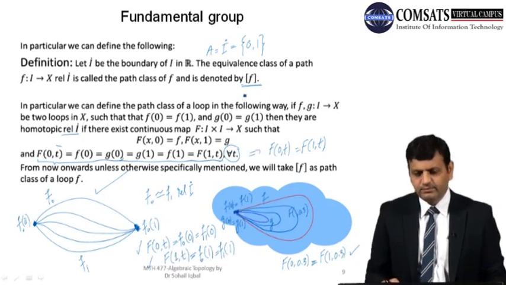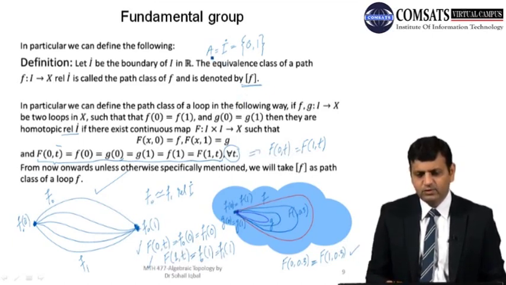So by taking this relative homotopy, basically we are making sure that the loops have the same initial and final point. This point, which is going to be called the base point of the loop, is very important because we want to study the loops at this point.